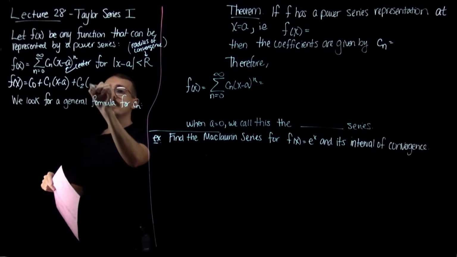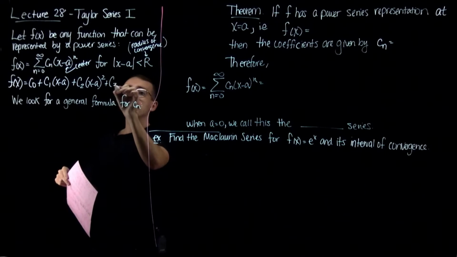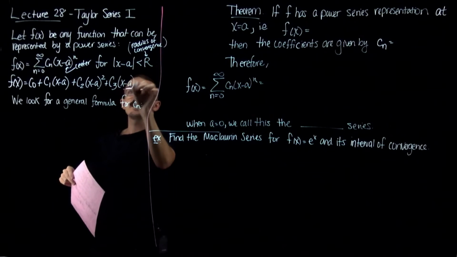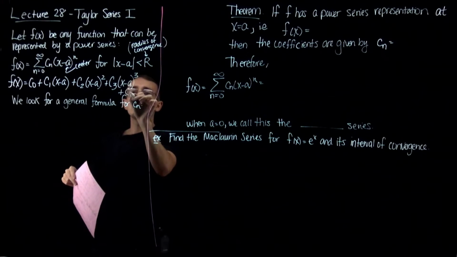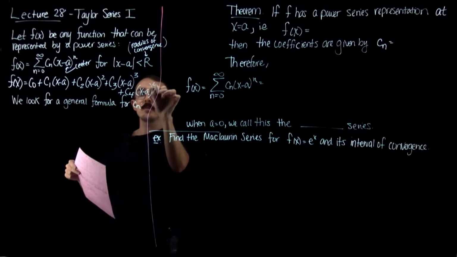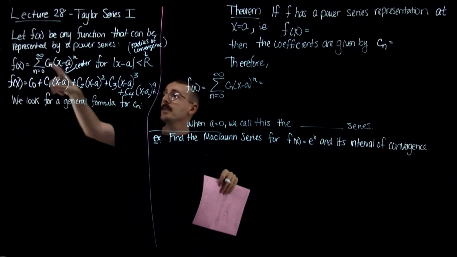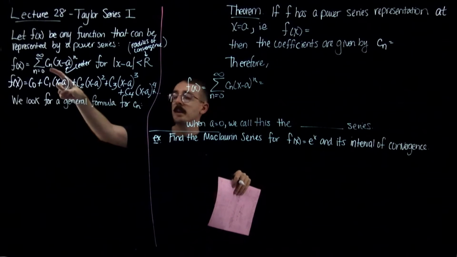Continuing, you'd have the second coefficient, x minus a to the second power. I'll continue with a few more of these. So x minus a to the third power. I'll do one more. I have the fourth coefficient, c sub 4, x minus a to the fourth power. And this continues forever.